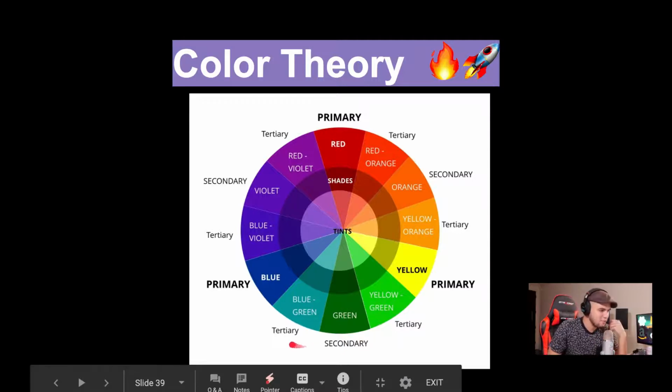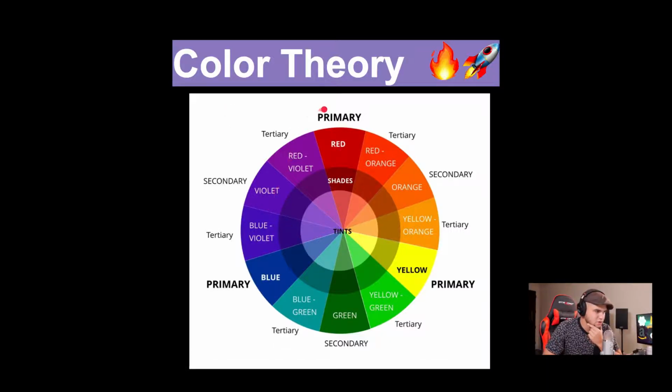And the way that you make tertiary colors is, for example, a primary with a secondary. So if I'm mixing red with violet, I'm going to get a tertiary color, which is red violet. Secondary colors are made by mixing two primary colors.